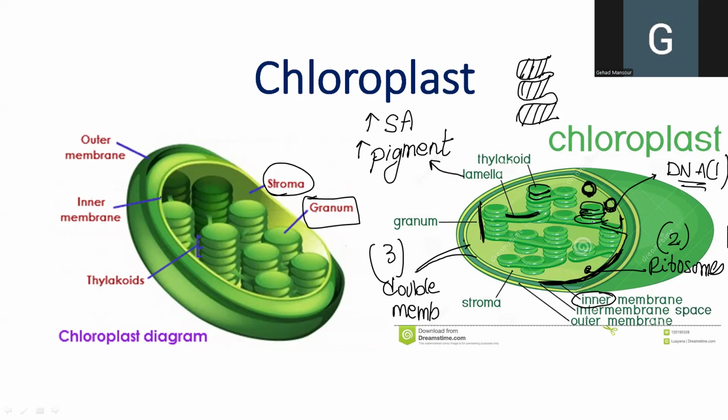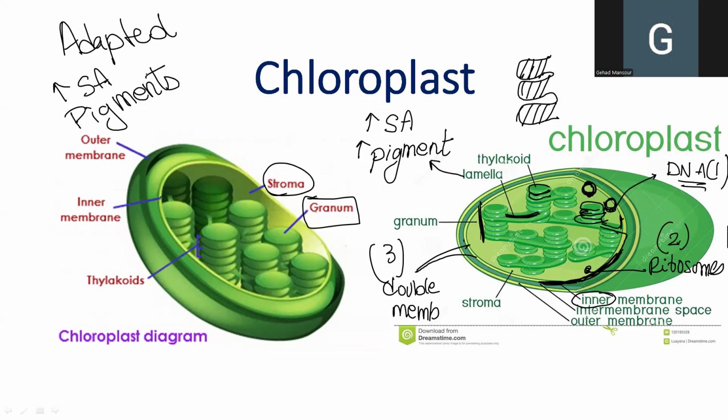So the chloroplast is very well adapted to perform its function. First, because it has a folded inner membrane that increases the surface area. Second, because it has the pigments that can be excited by solar energy. Third, because it has its own DNA and its own ribosomes that allow it to control its own biochemical reactions and synthesize its own proteins without being forced to wait for the rest of the cell.